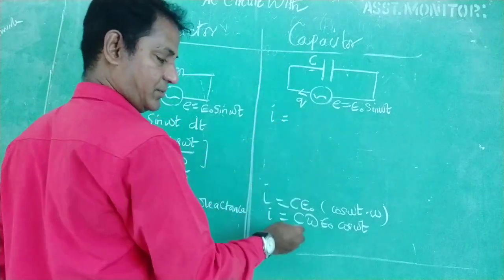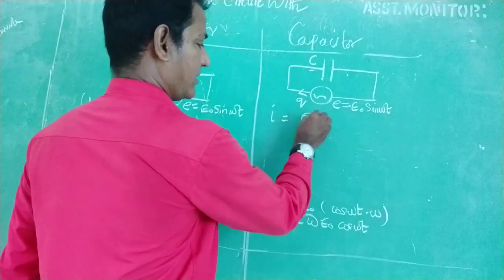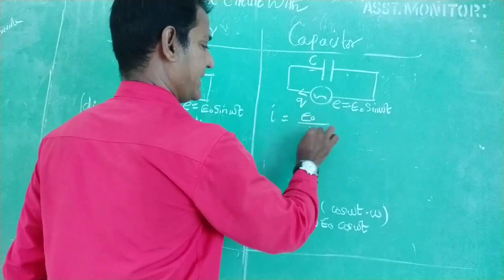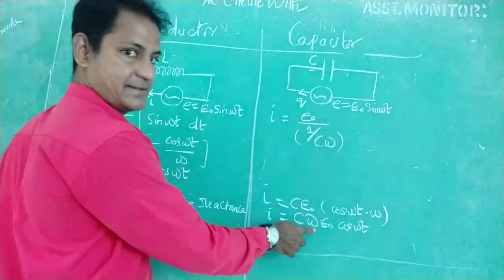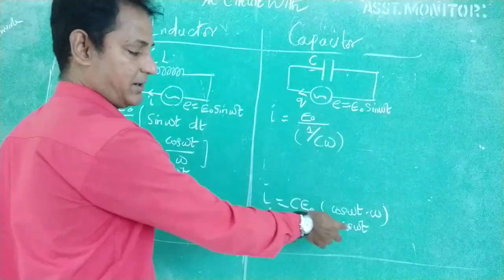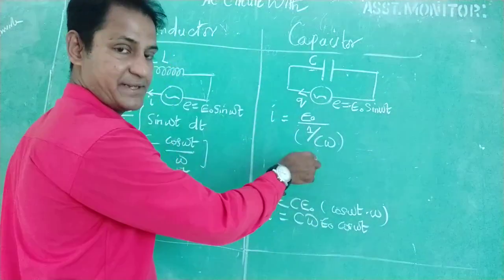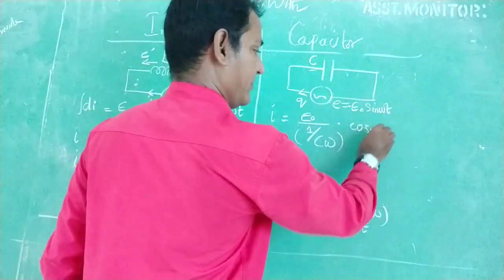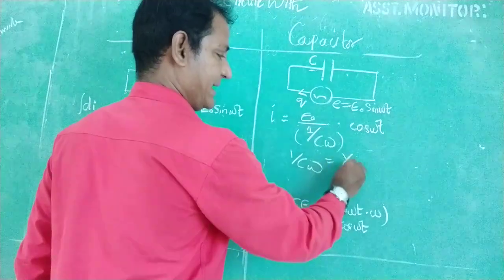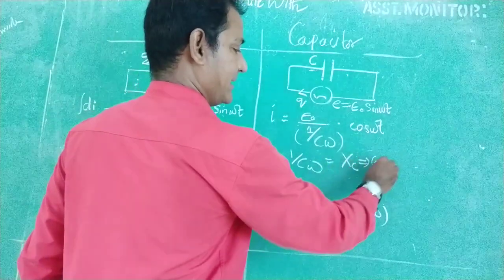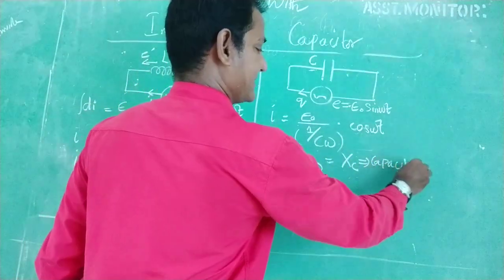I is equal to E naught divided by 1 by C omega. So I can write this C omega into E naught as E naught by 1 by C omega into cos omega t. Here, 1 by C omega is nothing but X suffix C, which is capacitive reactance.